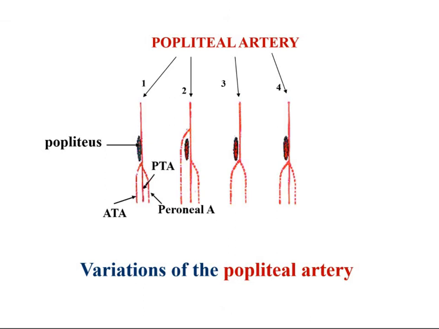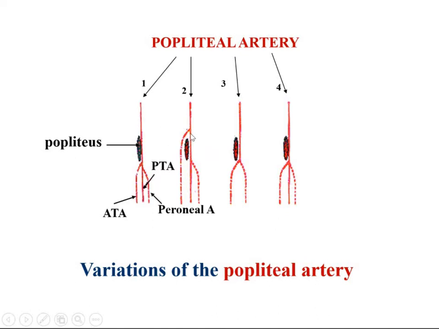semimembranosus. Then variations, as I was telling you, usually it divides at the lower end of your popliteus muscle, ठीक है, where it divide into posterior tibial artery and the anterior tibial artery, ठीक है, but sometimes it gives another branch that is your peroneal artery, ठीक है, and then these three branches can be given at different levels.